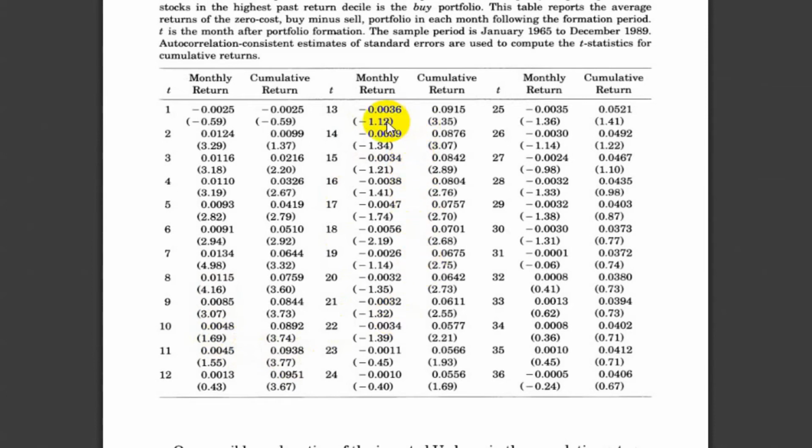Also of note, you can see that the monthly returns in the second and third year are not statistically significant. And also, the cumulative return over the entire 3 years is not statistically significant as well. So we can't rule out the possibility that the excess returns in the entire first 12 months are entirely temporary.